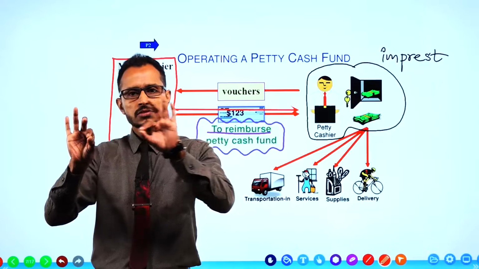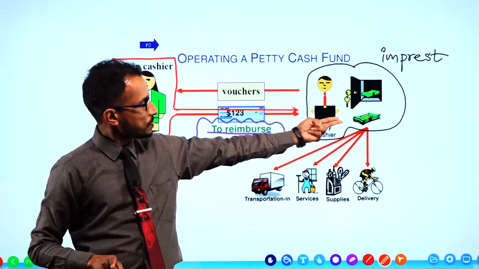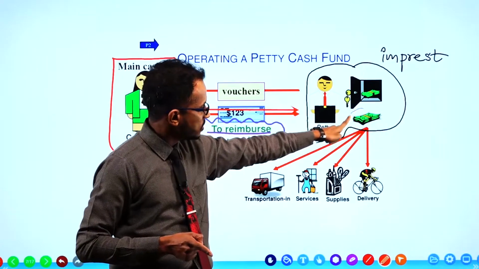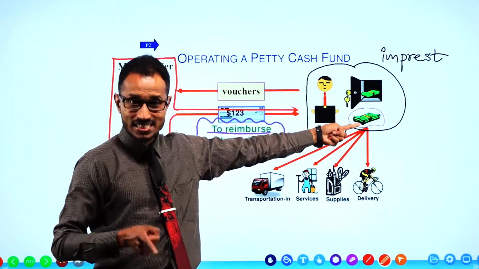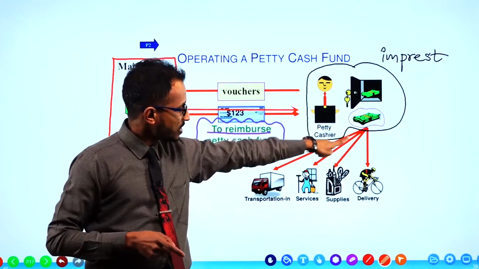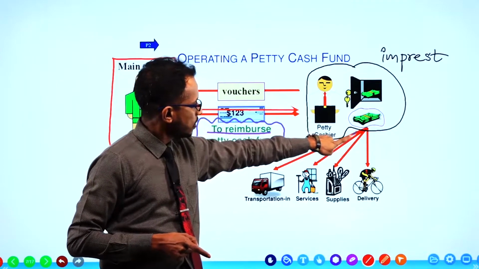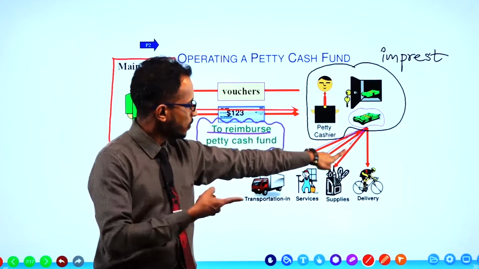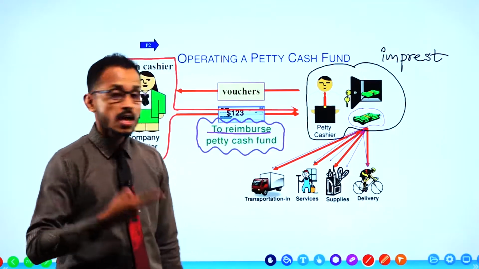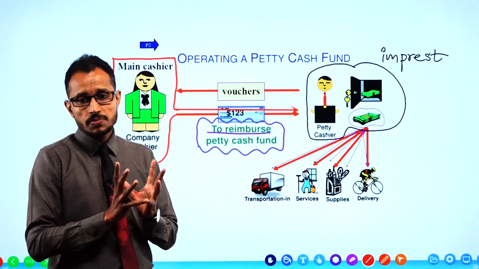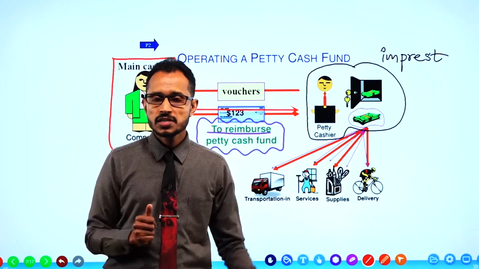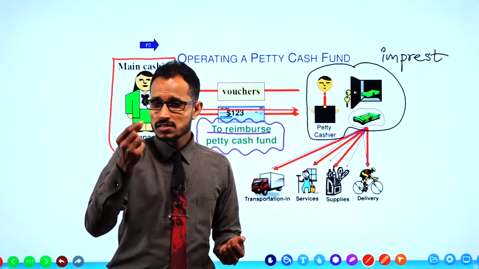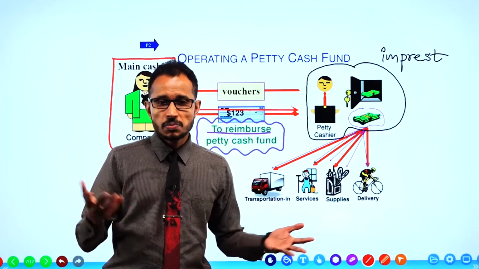During a month, when the petty cashier spends his imprest money for petty cash expenses, he sometimes finishes the entire imprest at the end of the month, or he could have a certain balance in the petty cash imprest which is not spent.